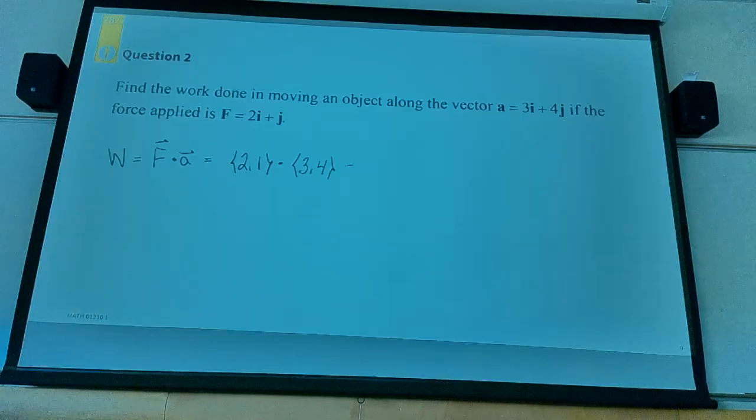What's that dot product? 6 plus 4, 10. Standard units for work. So we'll start with force and position. Standard units for position is what?